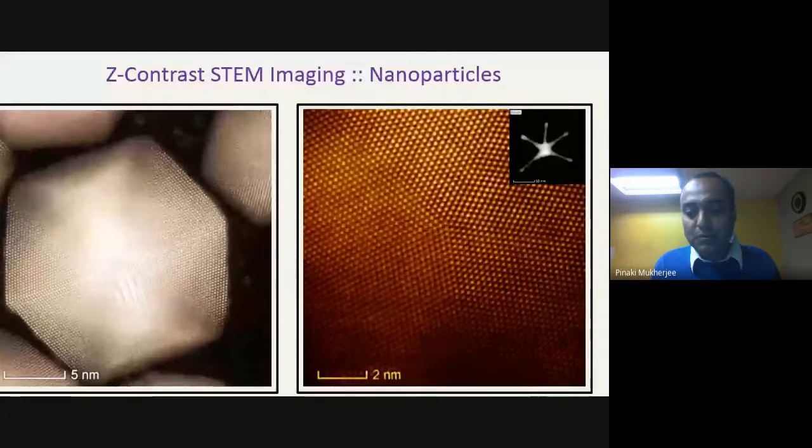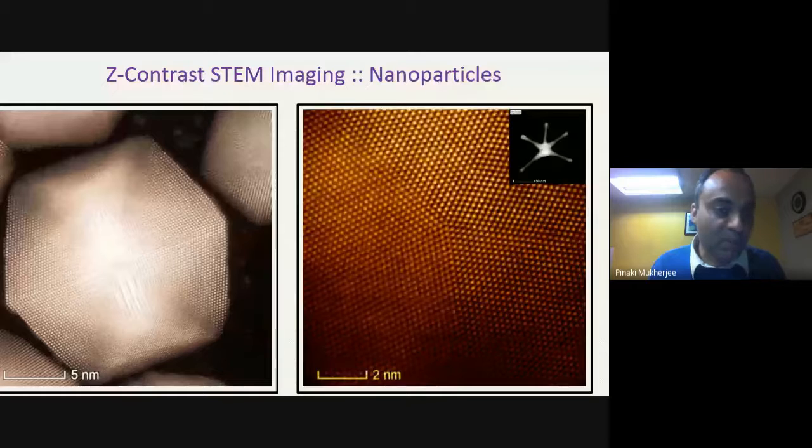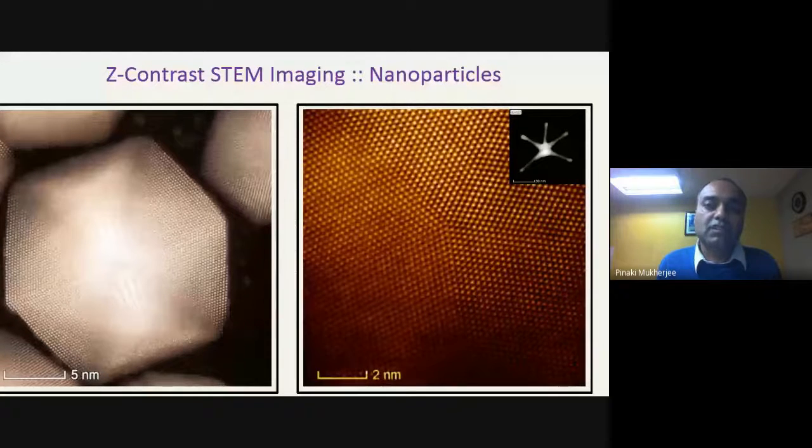Once we have an aberration corrected beam, so our beam is very small, then we can see these kinds of images, and you can see a single layer of atoms in a nanoparticle. In the case of a nanostar, we can pinpoint the origin from where the branching started up to a single atomic layer.